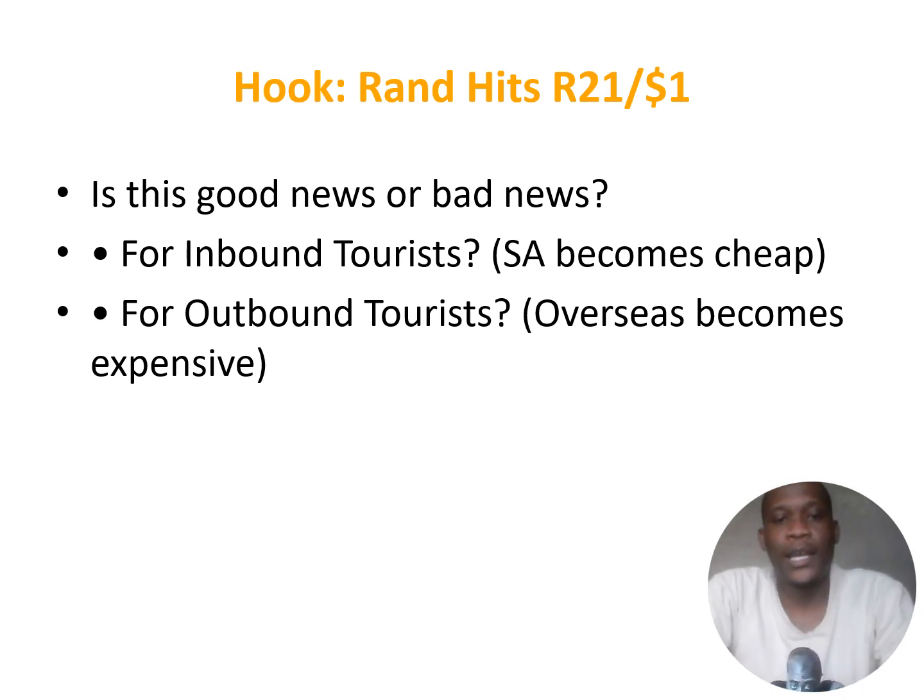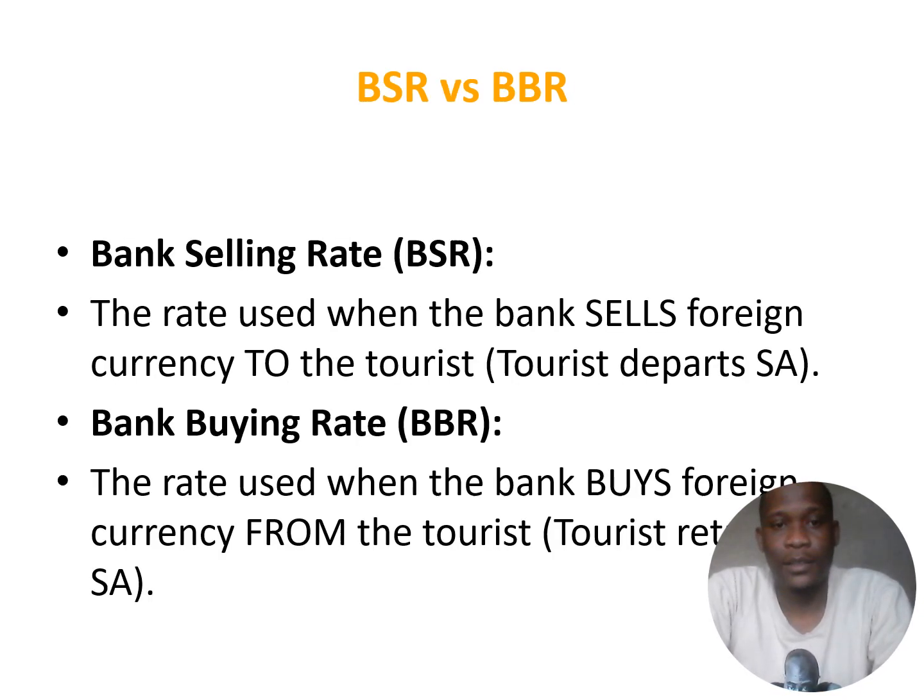Heading on to slide number 4, we have the bank selling rates versus the bank buying rates. When we talk about the bank selling rates, the BSR, we are talking about the rates used when the bank sells foreign currency to the tourist.